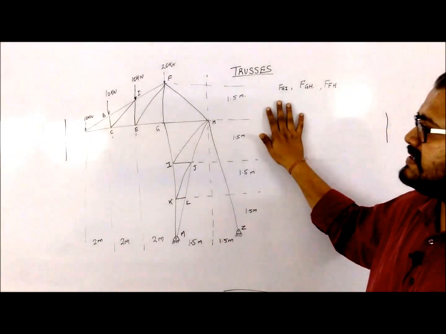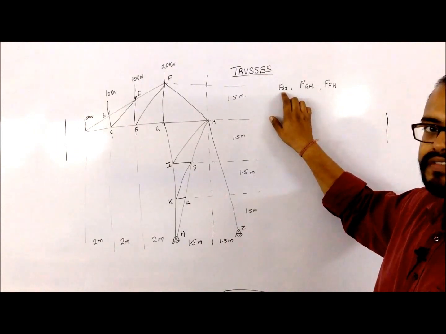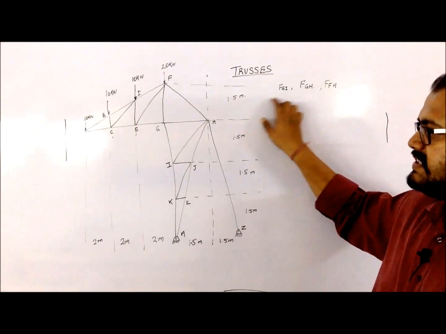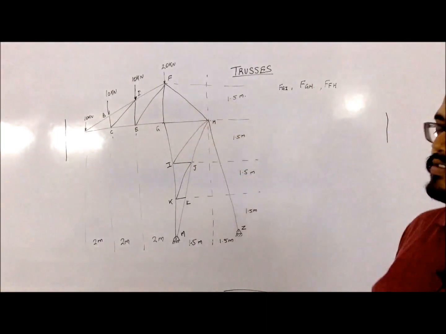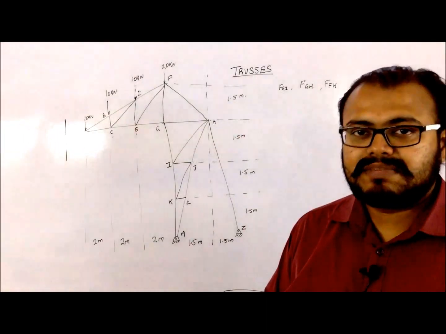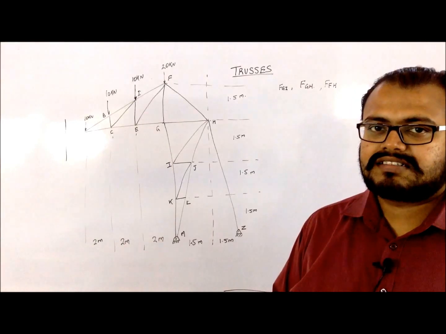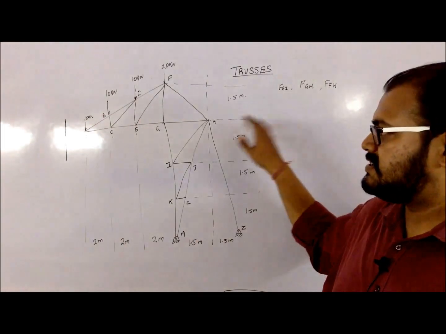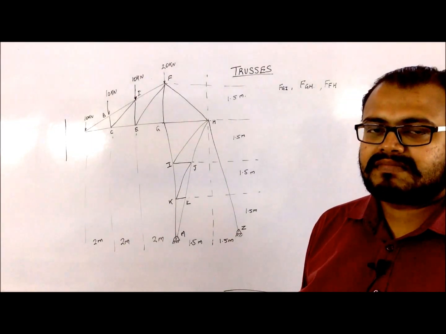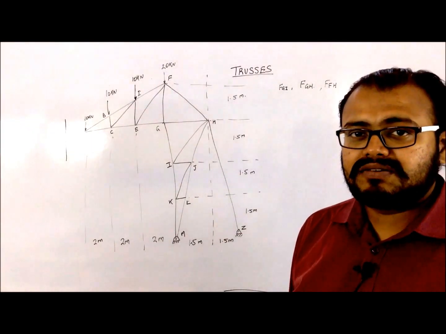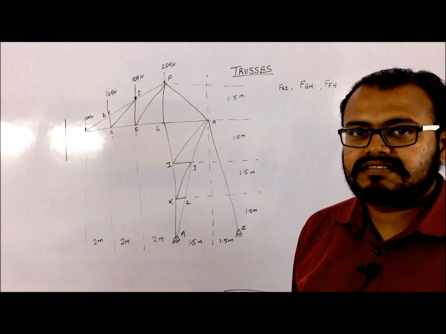The problem is asking me to find the forces present in the members GI, GH and FH. You can see that only a limited number of members are asked, only 3 members out of the remaining members present in this truss. So it would be better for me to go by the method of sections.